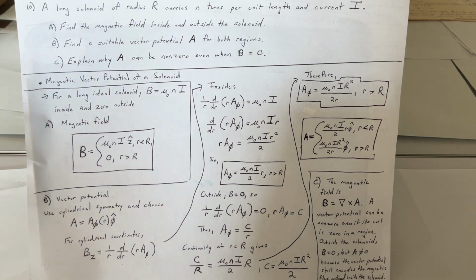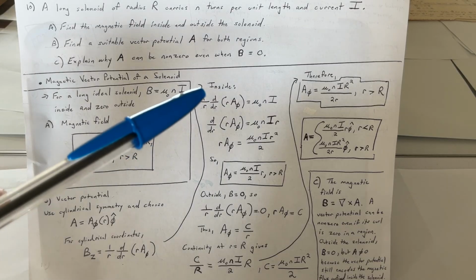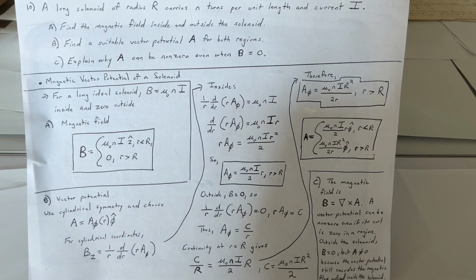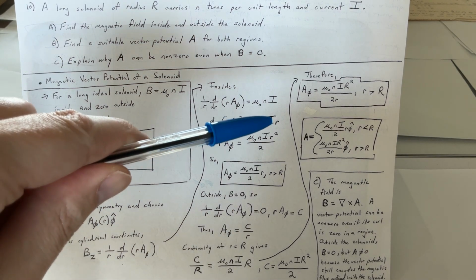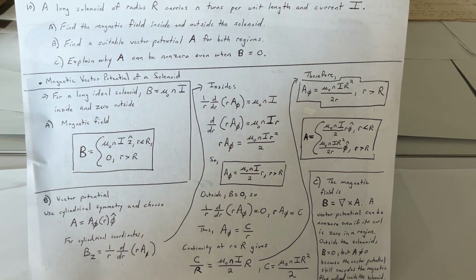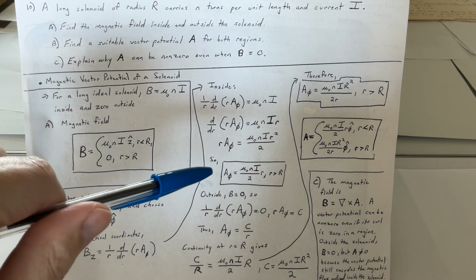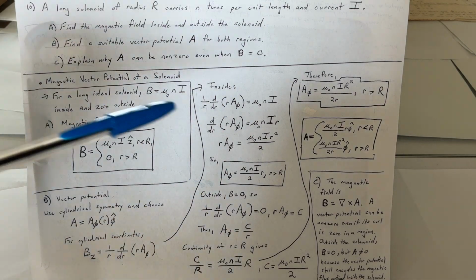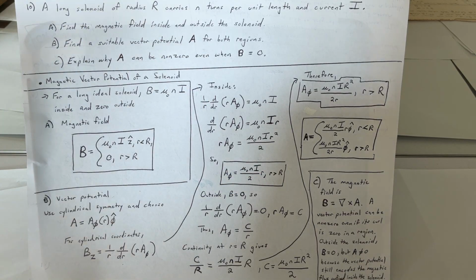Inside first: 1 over r d/dr of r A sub phi equals μ0 n I, and d/dr of r A sub phi equals μ0 n I r. So r A sub phi equals μ0 n I r squared over 2. So we wind up with A sub phi equals μ0 n I over 2 times r, for lowercase r less than capital R.